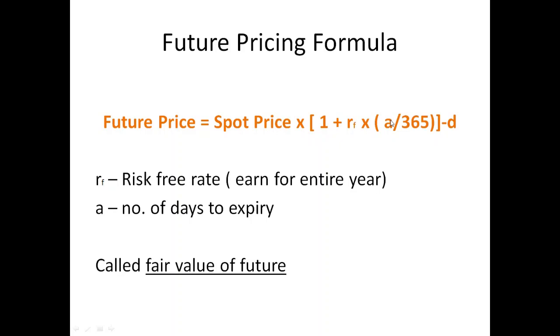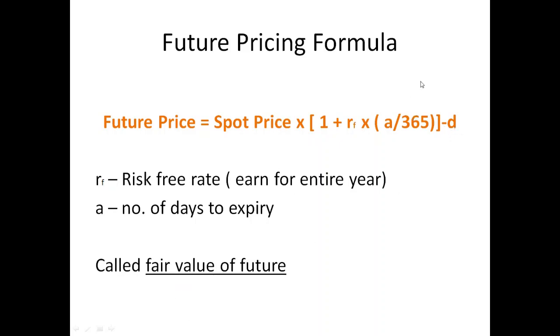A is the number of days to expiry. If we are taking the current month contract, say another 15 days is there, so A will become 15. Or if you are taking the next month, 30 plus 15, whatever the days, you need to calculate from the Thursday on which it is going to expire. Divided by 365, that's for the entire 1 year.